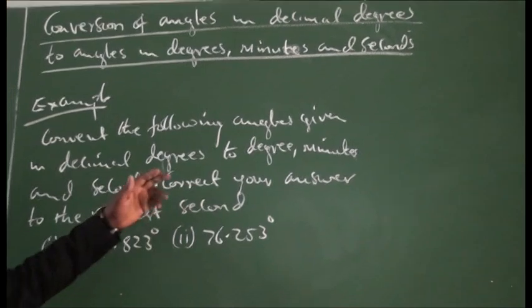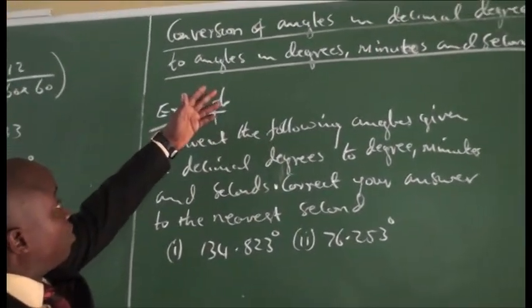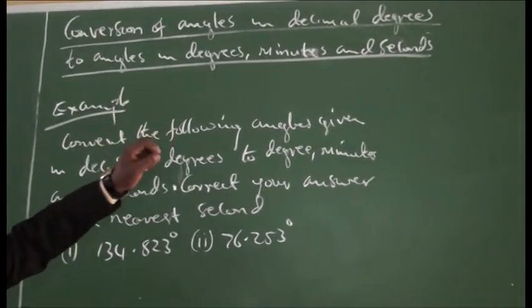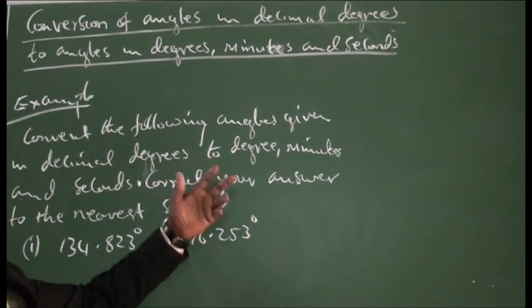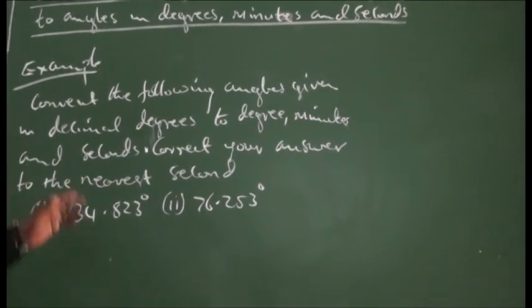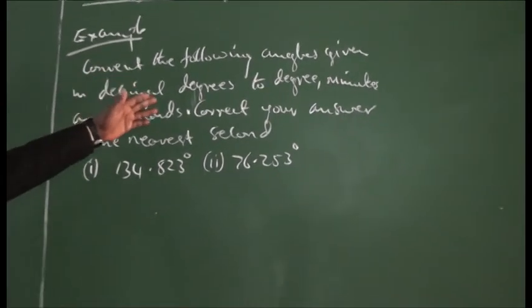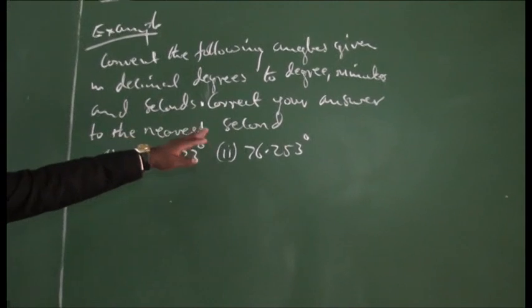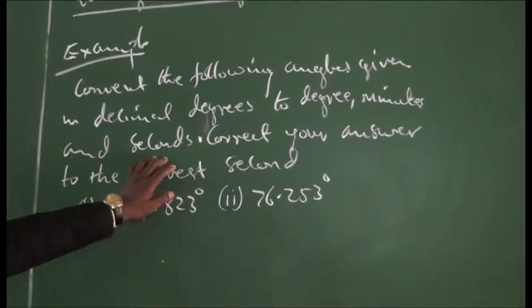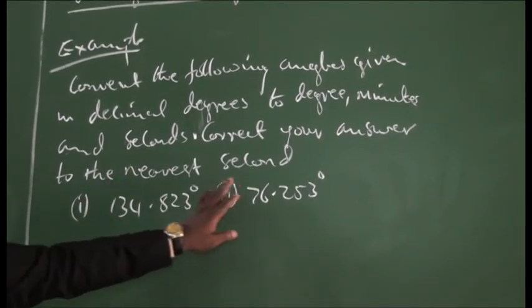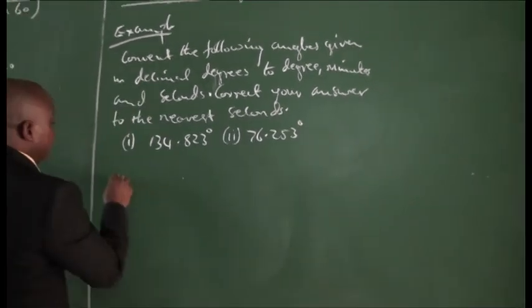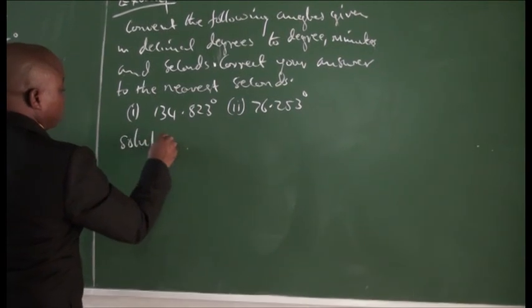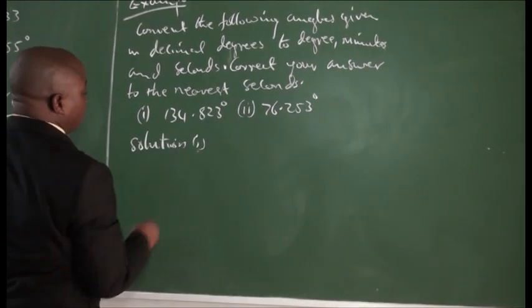So we look at another subtopic: conversion of angles in decimal degrees to angles in degrees, minutes, and seconds. For example, convert the following angles given in decimal degrees to degrees, minutes, and seconds. Correct your answer to the nearest second. All right? Now, I will take the solution of 1.